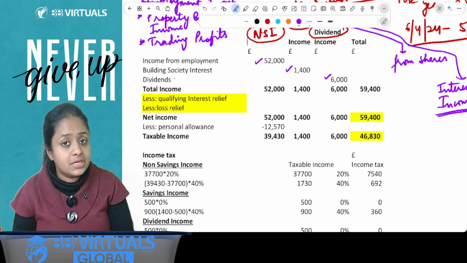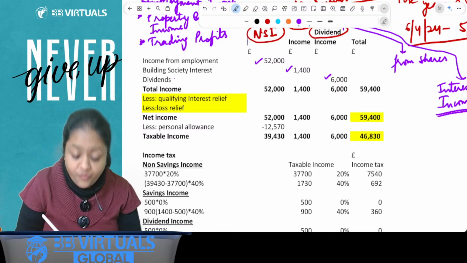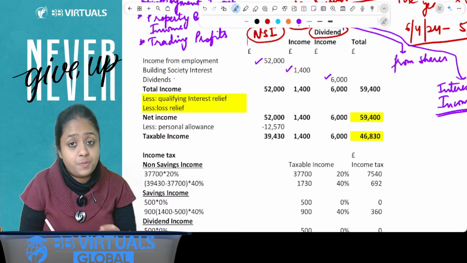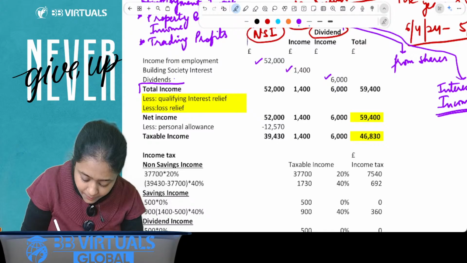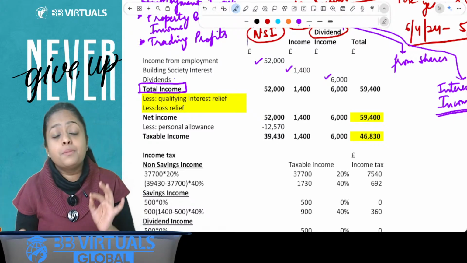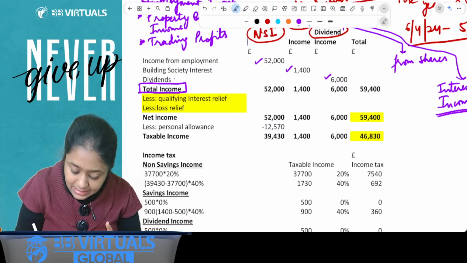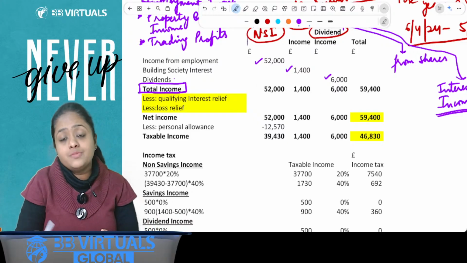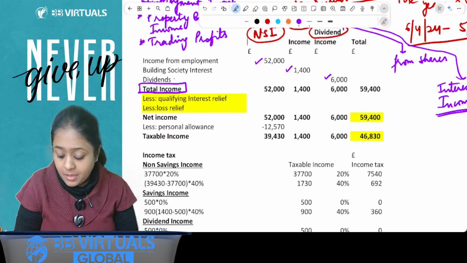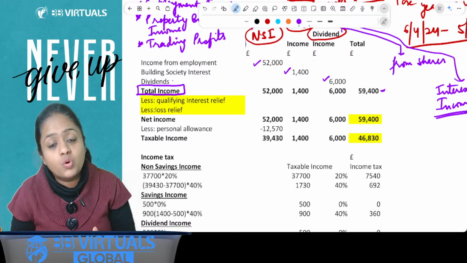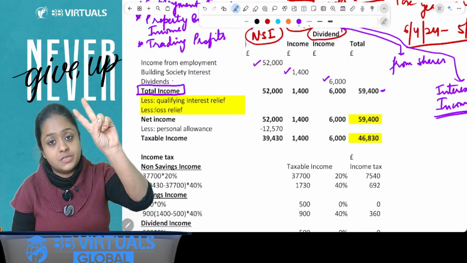You got all the three incomes, get the total. The first row head in this proforma is total income. Total income is simply income totals, no adjustments. So I will write here the total of all these incomes in the respective columns, and I can make a final total also. After you have total income, you need to make two adjustments.